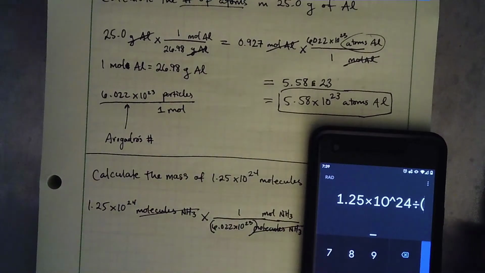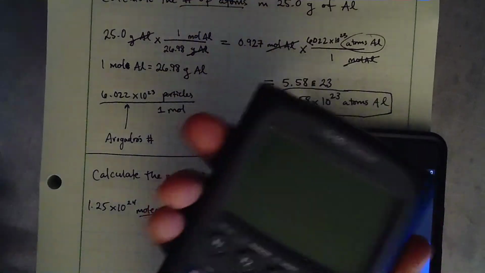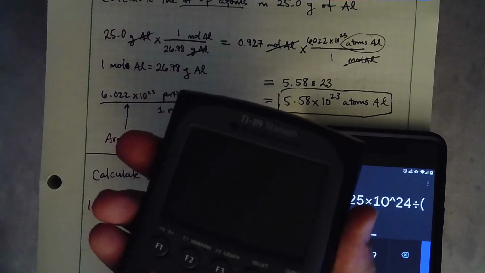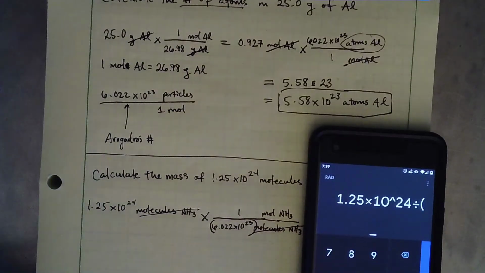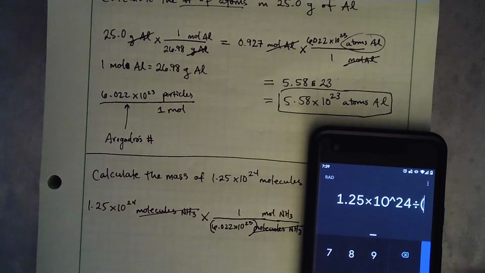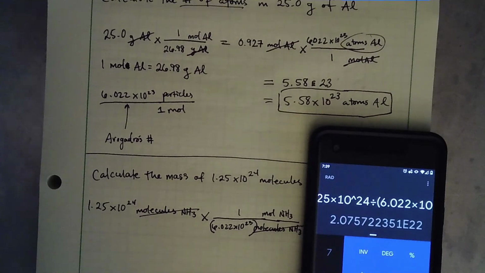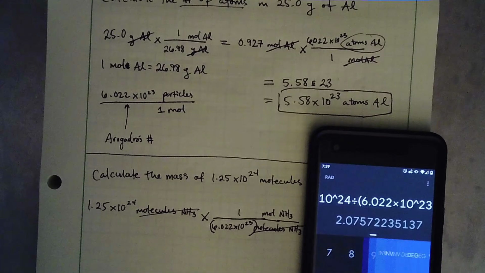If you're using a fancy calculator, like a TI 83 or 84 or 89 like I have here, and you use the little fraction dividing thing, then you're probably going to be okay. But if you're using any other type of calculator or the calculator on your phone, whenever you divide by Avogadro's number, put it in parentheses. It's because of this exponential part here that you might encounter some issues if you don't. So divide by 6.022 times 10 to the 23rd.